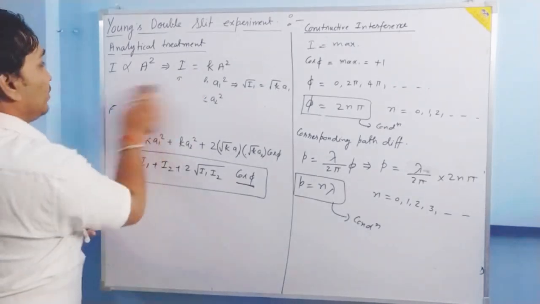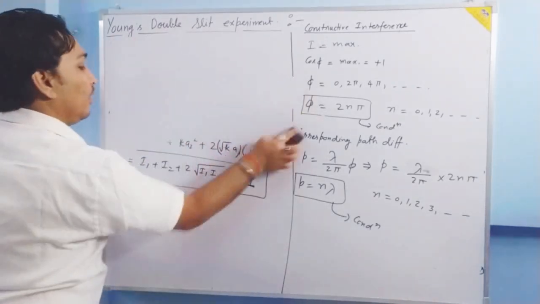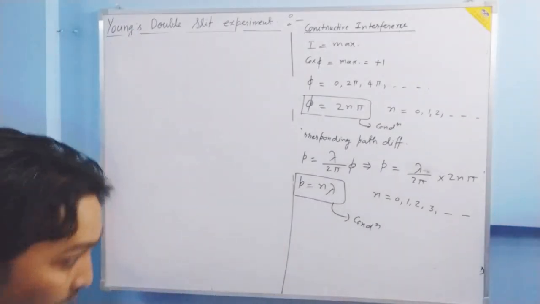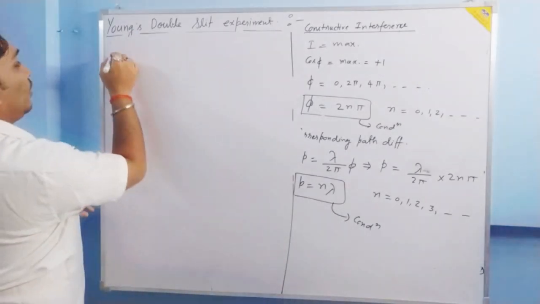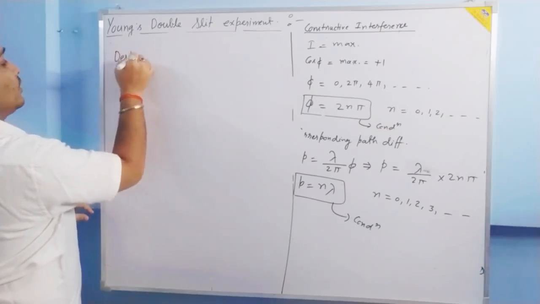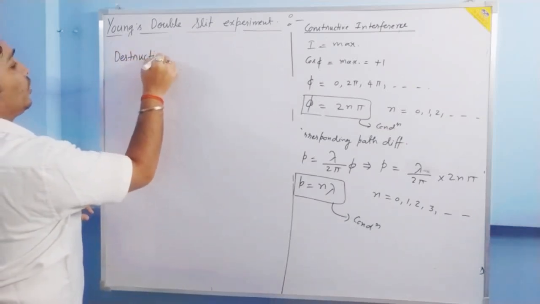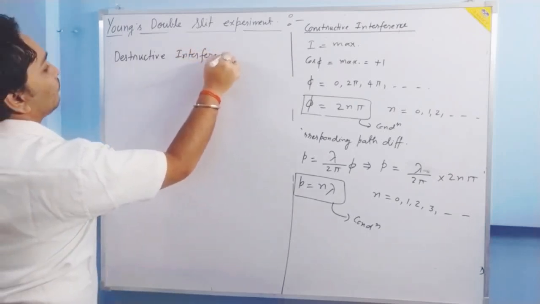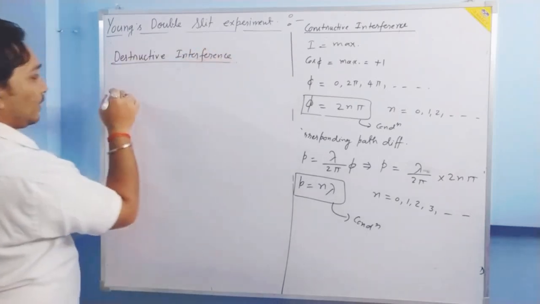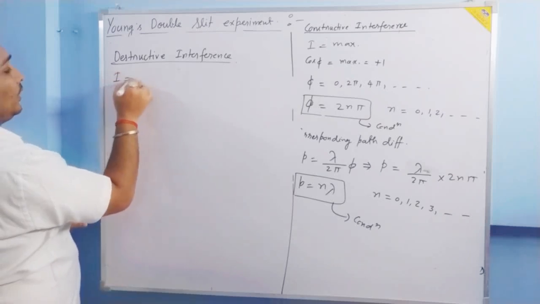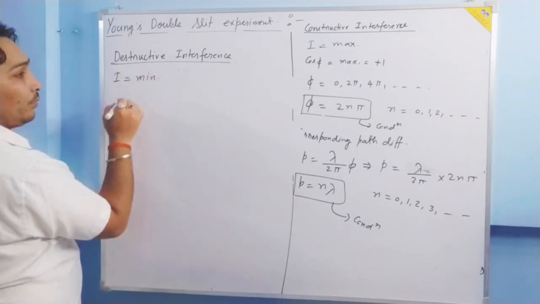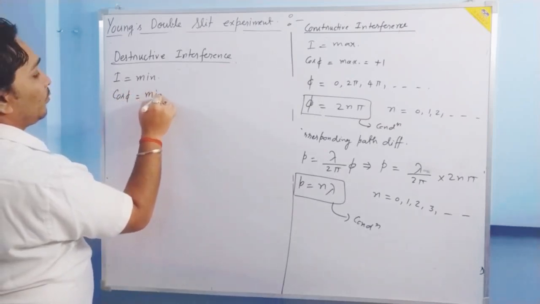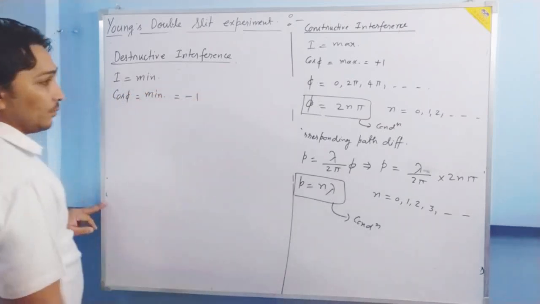In the same manner, we have destructive interference. And for that, I is to be minimum. For I to be minimum, cos phi also should be minimum. And the minimum value of cos phi is minus 1.